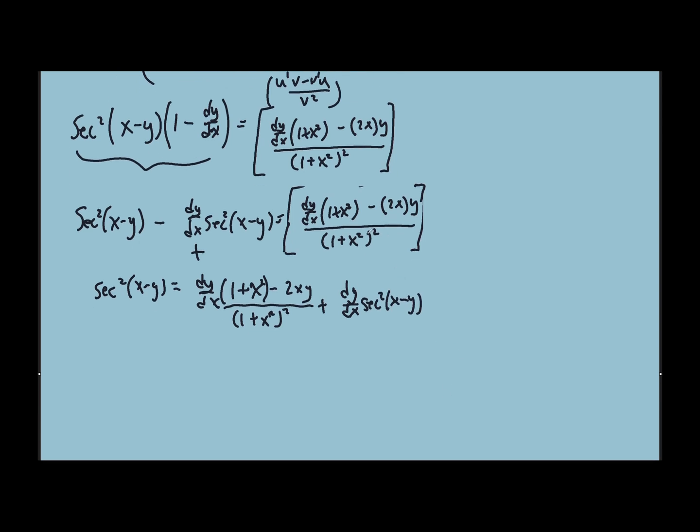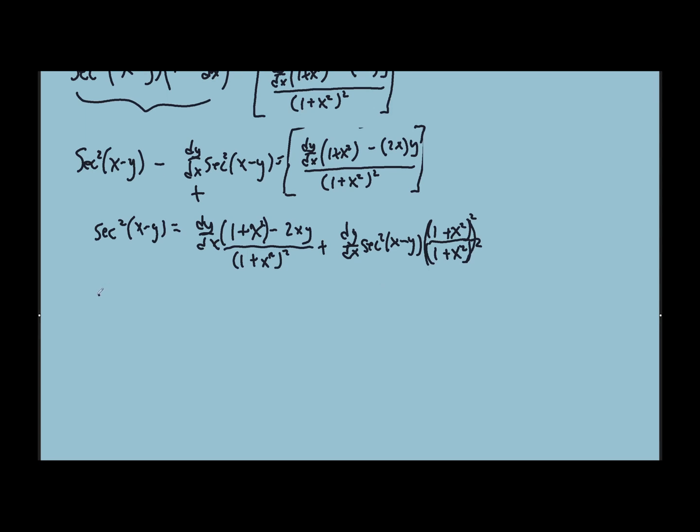Now, if I multiply each side, top and bottom, by (1 plus x squared) squared, we'll at least have a common denominator, won't we? So I think we can say secant squared (x minus y) equals, let's try, this lot.